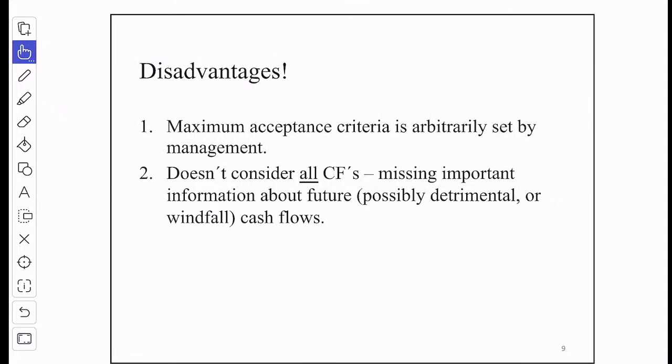As I mentioned, you probably don't just want to think about when does a project pay back, because future cash flows might change your mind. All right, so let's say a project pays back in 2 years and it meets your criteria, but in the 3rd year you anticipate huge profits.